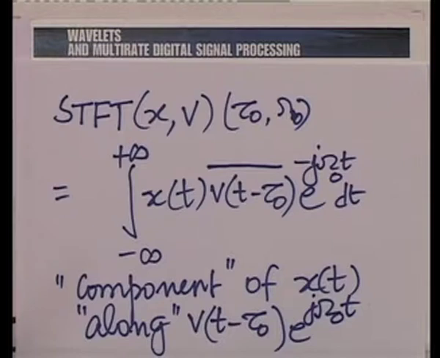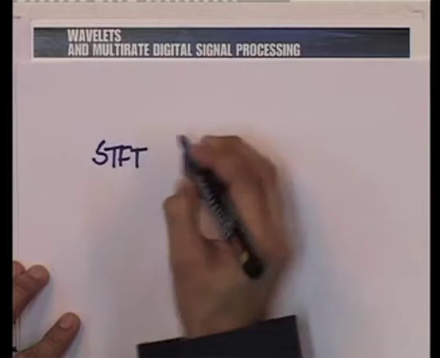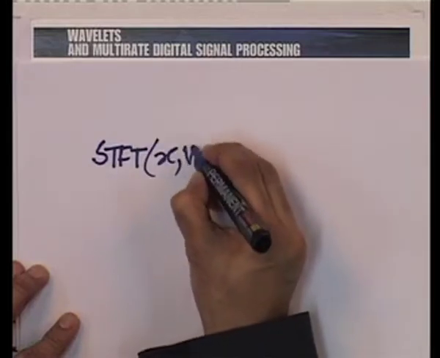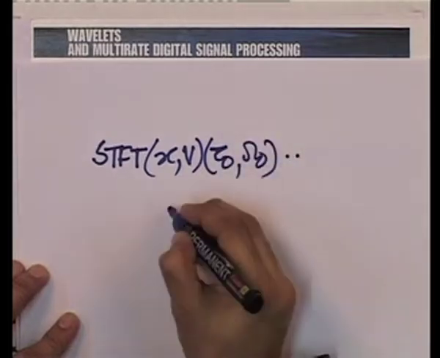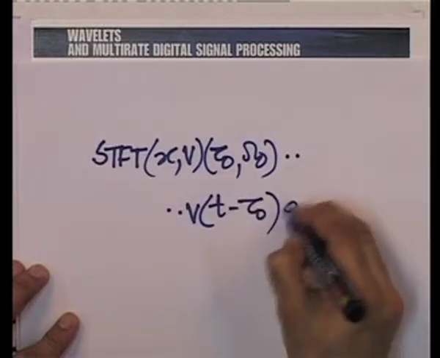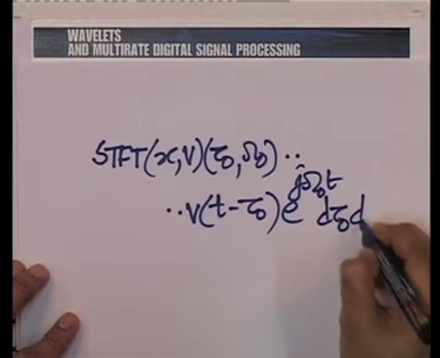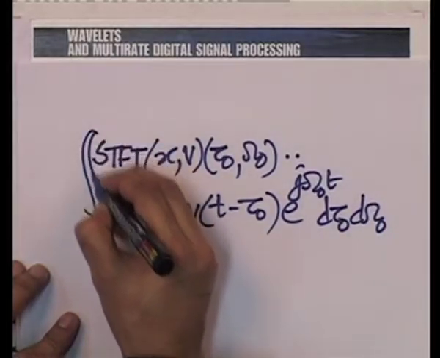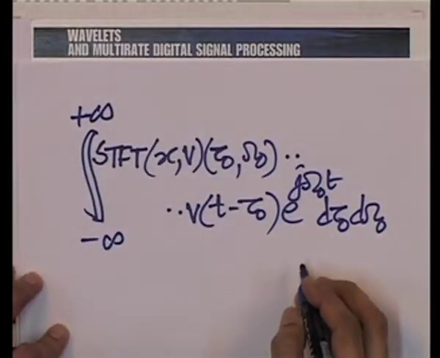So, suppose I take STFT of x with v, at tau naught, omega naught, multiply it by v(t minus tau naught) e raised to the power j omega naught t, and integrate over all tau naught and omega naught. What should we get? We should ideally, to within a constant hopefully, get x(t).